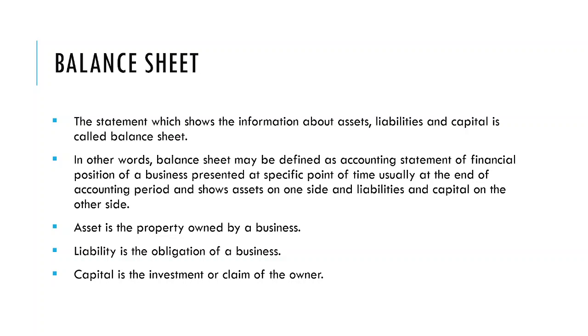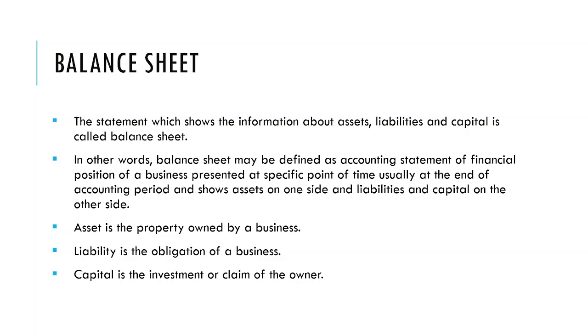You may have already learned in your grade 9 the accounting equation. The accounting equation stands for assets equals liabilities plus capital. This is the statement which shows the same equation.